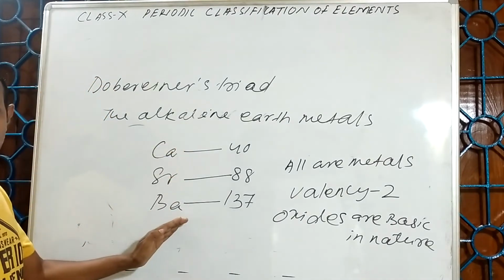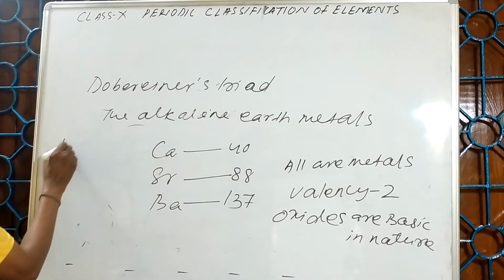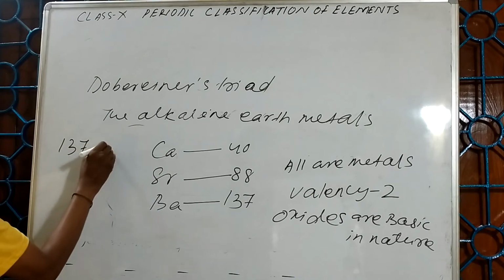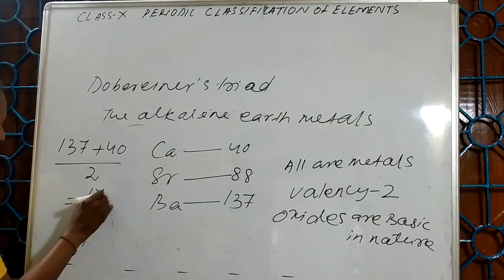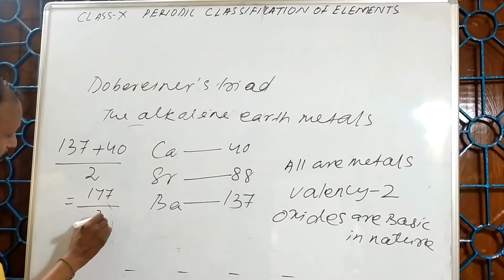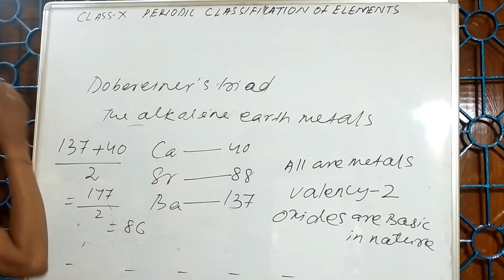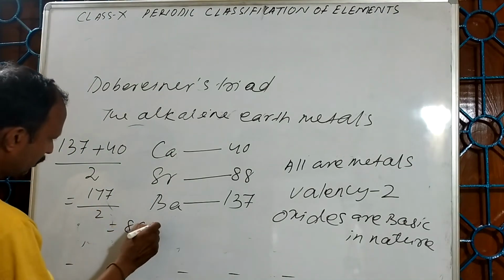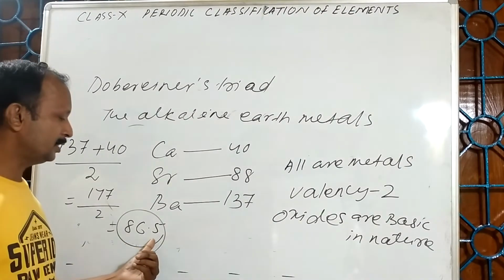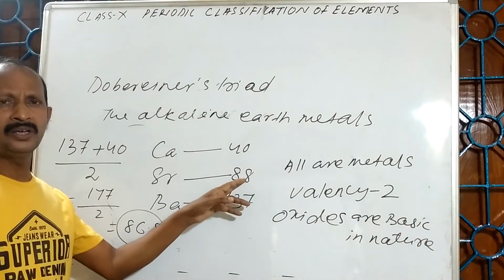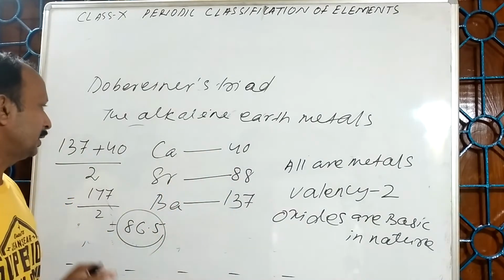And so far as the atomic mass is concerned, for example, 137 plus 40 divided by 2 is equal to 177 divided by 2, which is equal to 86.5. This is nearly equal to 88. So this also satisfied the condition.